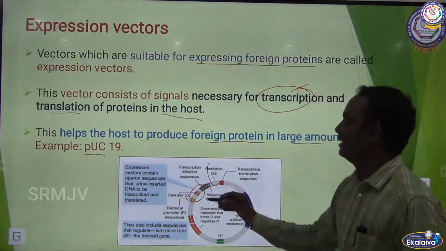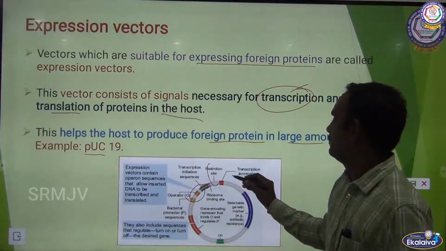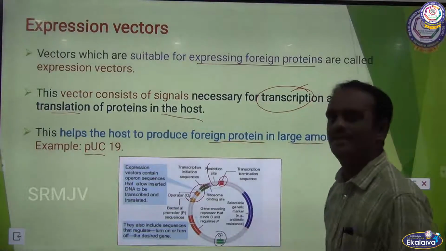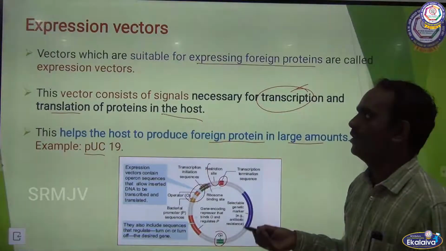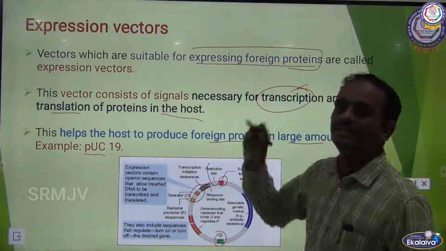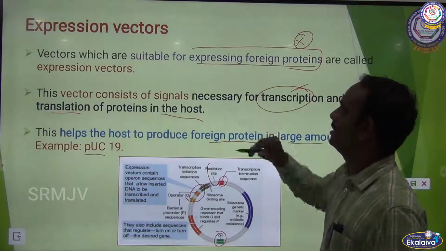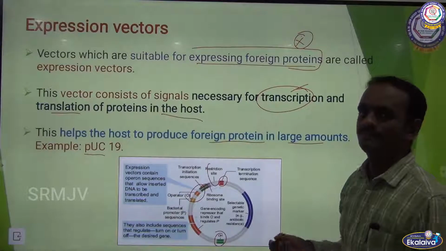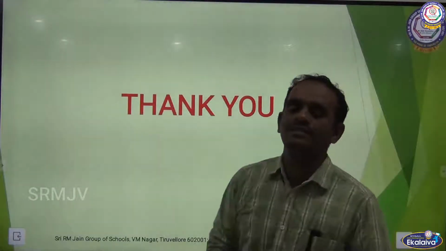Here is the site where transcription starts, the termination of transcription site is here, and the origin of replication is here. So an expression vector is a type of vector suitable for expressing foreign proteins. That is the key point, very essential. Thank you, children. We will see in the next class.